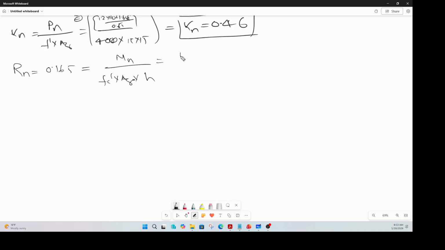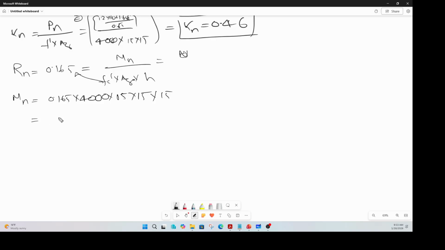Mn is the unknown. So Mn is nothing but 0.165 times all this. Fc prime is 4000, A gross is 15 by 15, right? Times h, which is another 15.